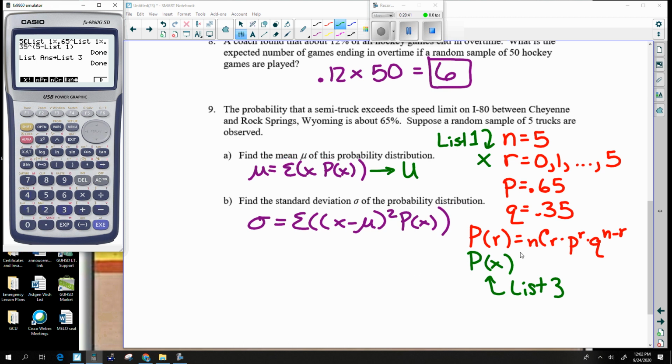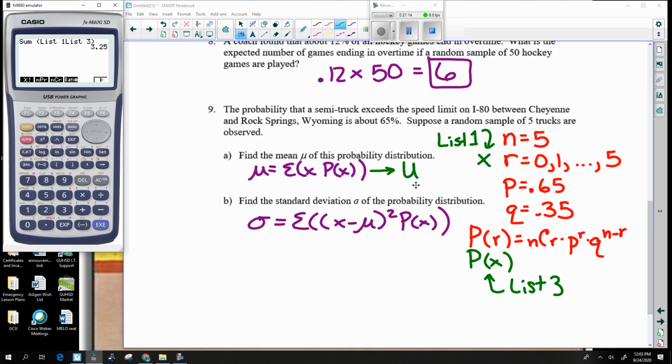Okay, so list 3 is now my p of x's, but we're not done. So now I have the important ingredient, so I can go ahead and actually do this first question with what is mu, which is going to be the sum of x p(x), the sum of, aka, list 1, list 3. Okay, that is my mu.